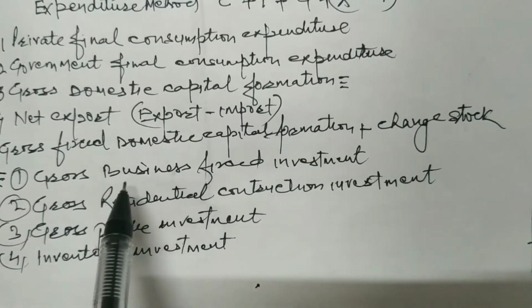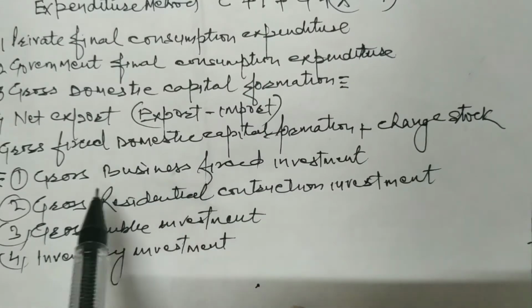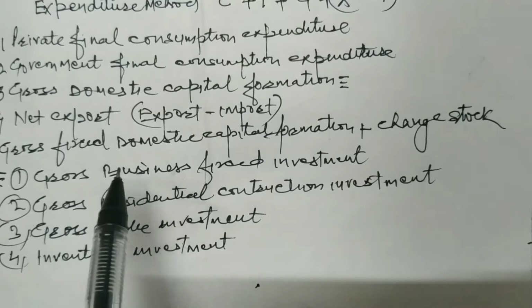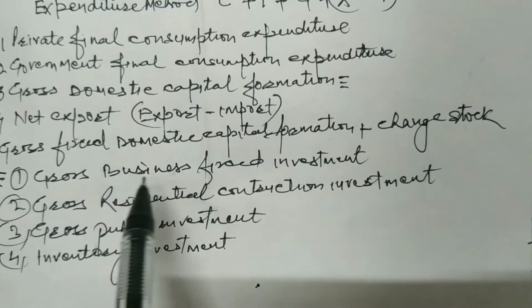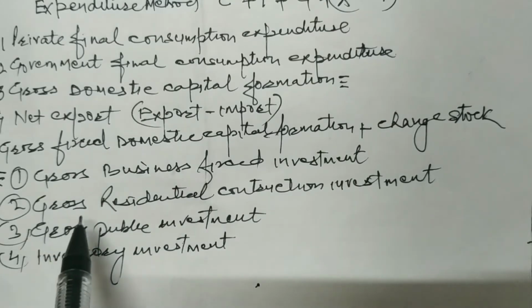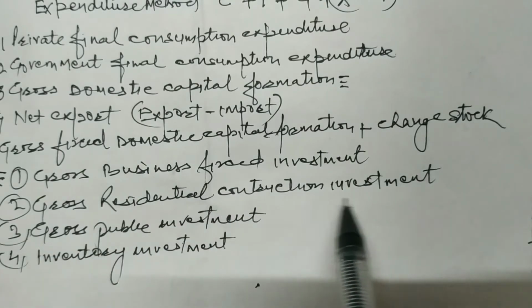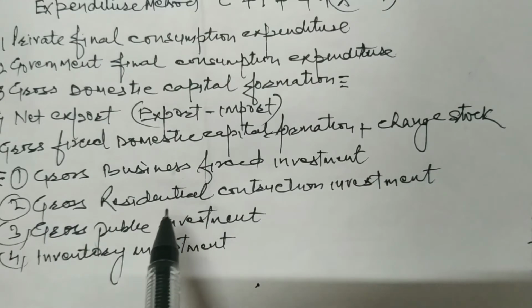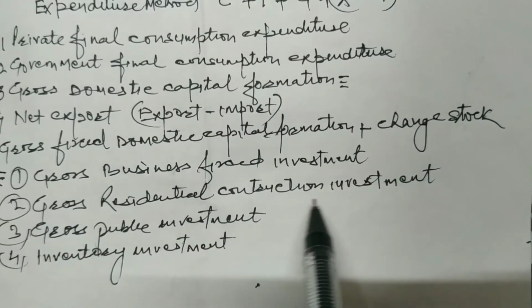Gross business fixed investment is the investment made on plants, machines, etc. Gross residential construction investment is the investment made on constructing buildings, bridges, dams.